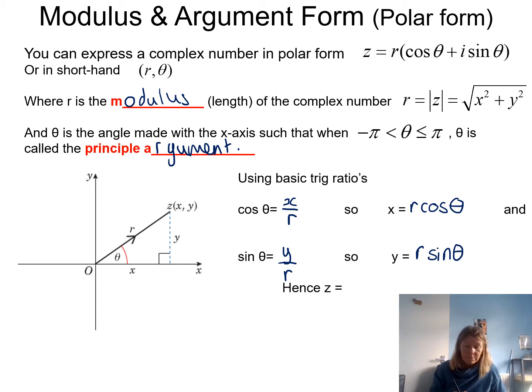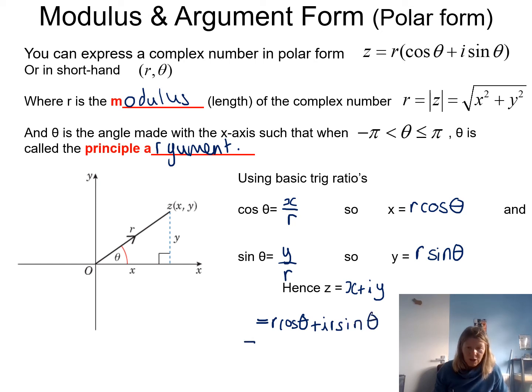Hence z, which we know is x plus iy, becomes x, which we're calling r cos theta, plus i, and we place the y now, r sine theta.